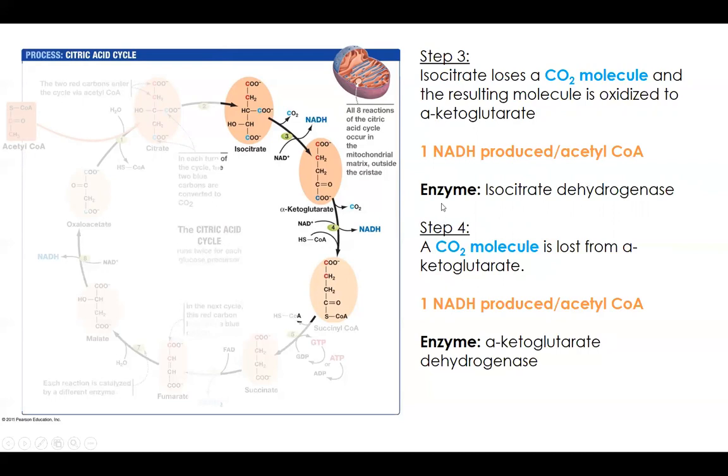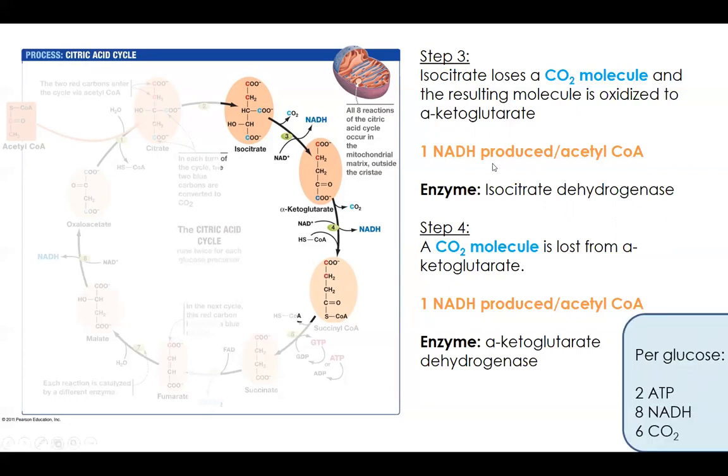So our enzyme, isocitrate dehydrogenase, in step 3, we saw these 2 things happen. In step 4, similarly, another CO2 molecule leaves, and we get another NADH. So collectively, we're going to have 2 CO2 molecules leave per acetyl CoA, and 2 NADHs produced per acetyl CoA, which will give us our running tally now.